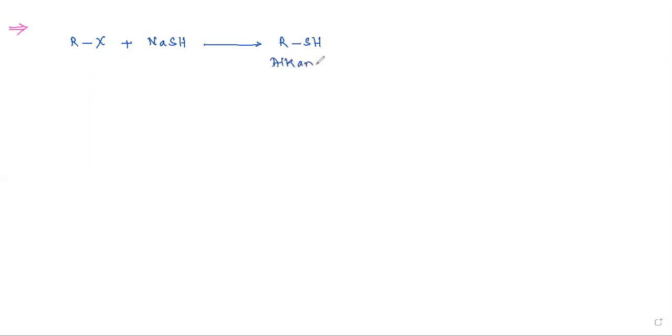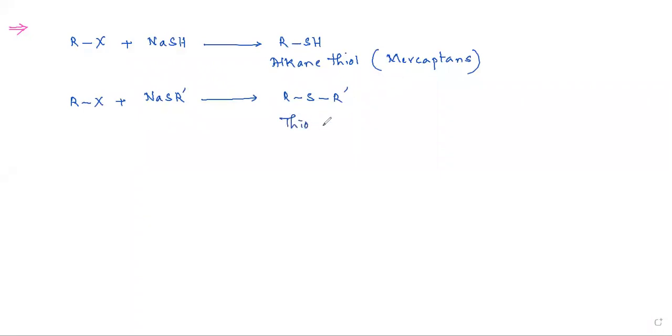So this is alkane thiol. Thiols are also called mercaptans. Okay. Now we can just modify this. Plus NaSR. We get RSR. If you want, you can just prime this. So these are called thioethers.